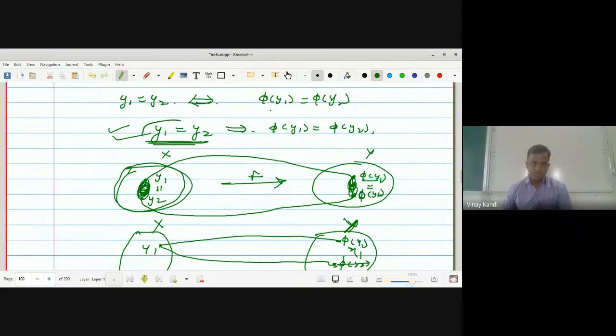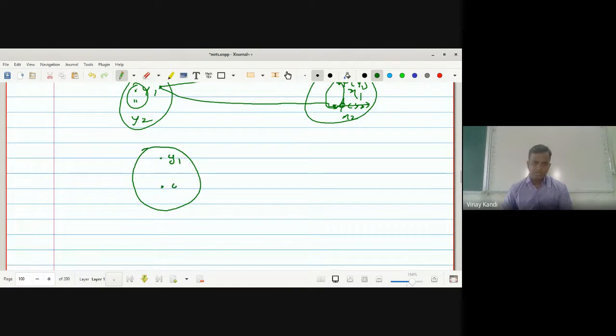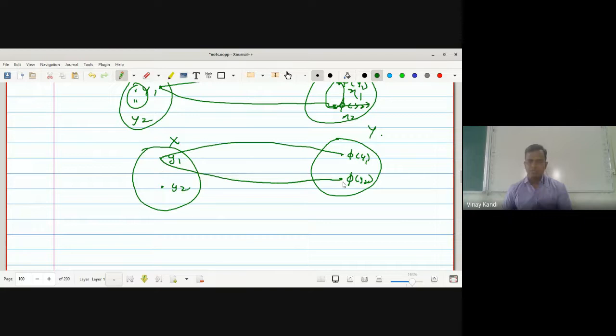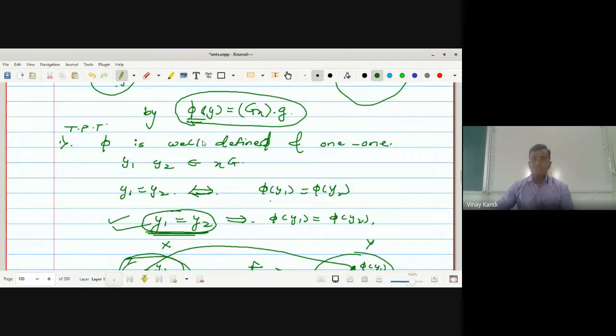जर y1 इज इक्वल टू y2 असेल, हे दोन एलिमेंट जर वेगळे नसून एकच असतील तर त्यांची इमेजही वेगवेगळी नाही, एकच आहे. ओके, पुन्हा सपोज this is y1, this is y2. ओके, this is codomain y, this is phi of y1, suppose this is phi of y2. जर असं होत असेल, y1 हा जर दोन एलिमेंटला इमेज देत असेल तर हा y1 आणि y2 हा एकच आहे, आणि हा phi of y1 आणि phi of y2 एकच आहे. म्हणजे याचा सिग्निफिकन्स काय, that means that mapping is, that relation is function.